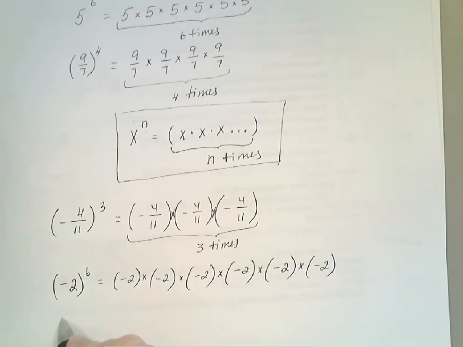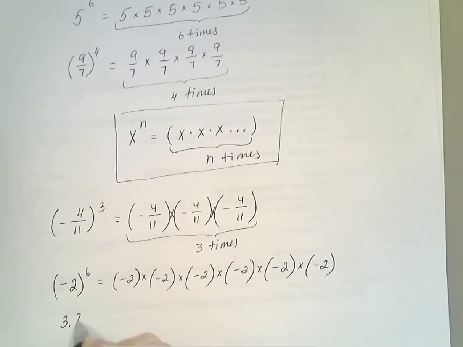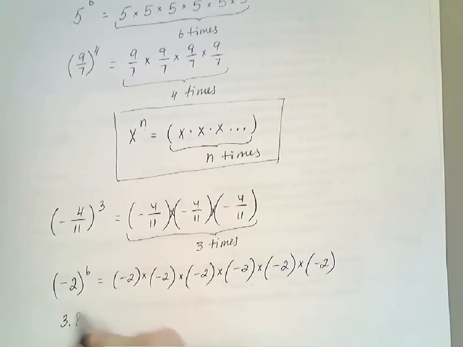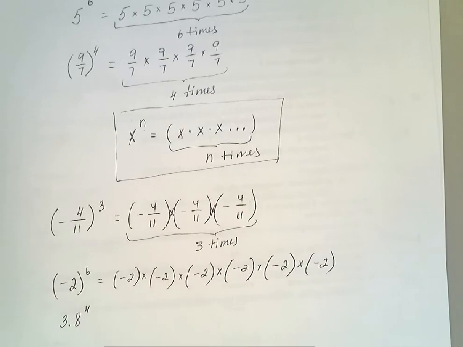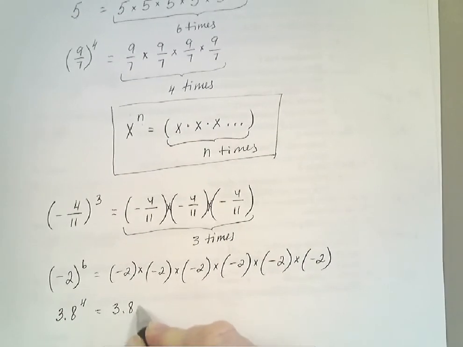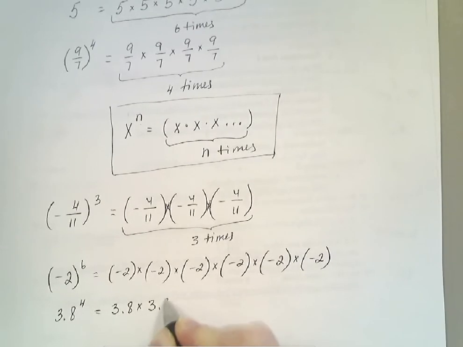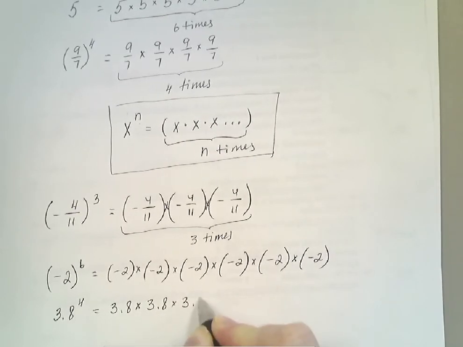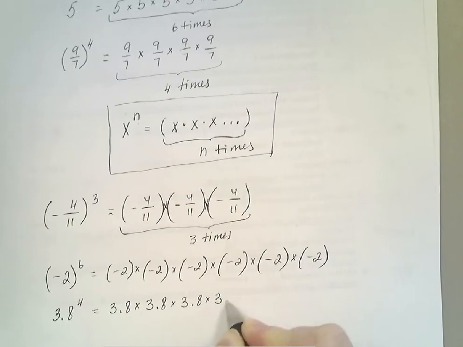Let's take a decimal. 3 and 8 tenths to the fourth power. Exactly the same thing. So it is 3 and 8 tenths times 3 and 8 tenths times 3 and 8 tenths times 3 and 8 tenths.